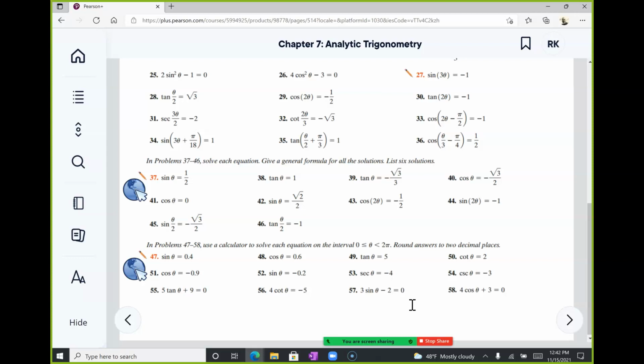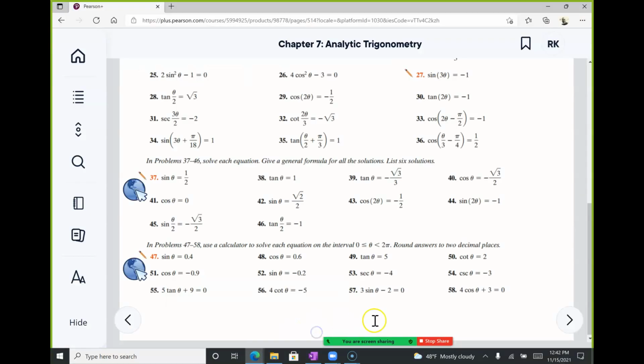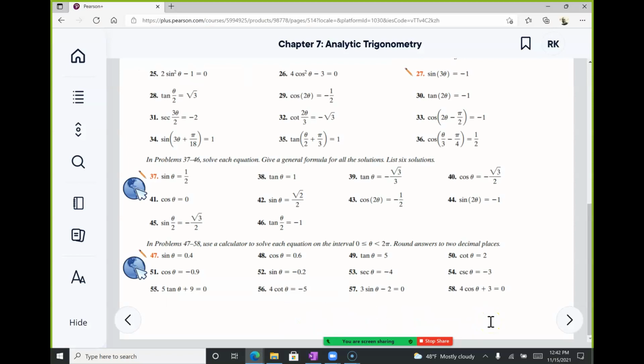So I'll just pick a couple of these. The ones where you have to use a calculator, don't do. We want the ones that you don't need a calculator, and we want a general formula for things. So I'm going to do probably 44.